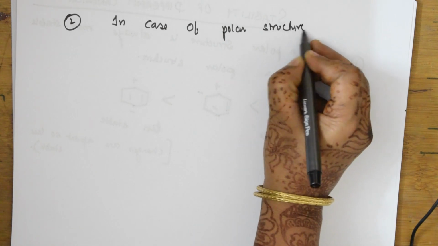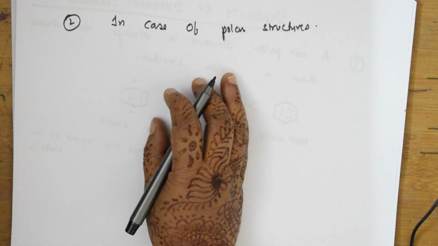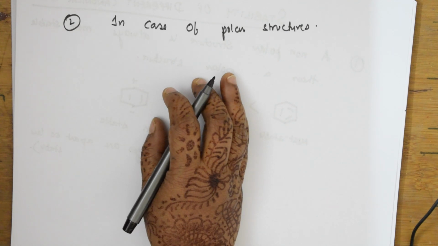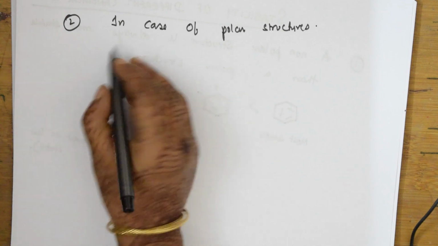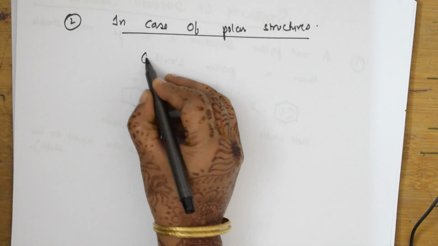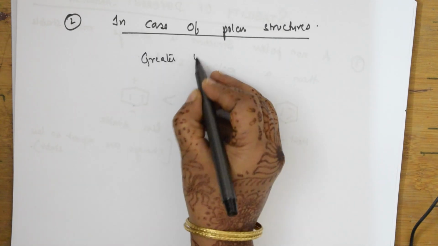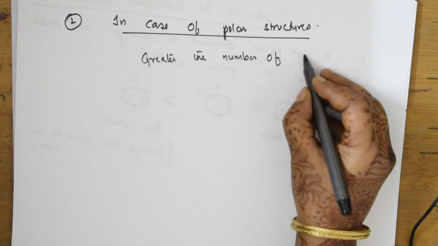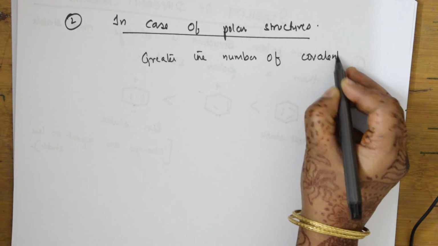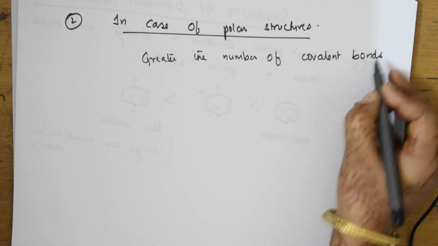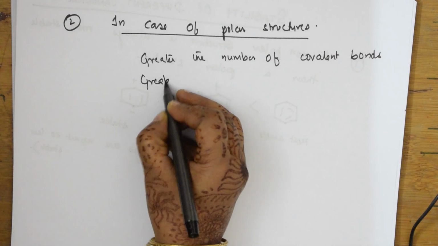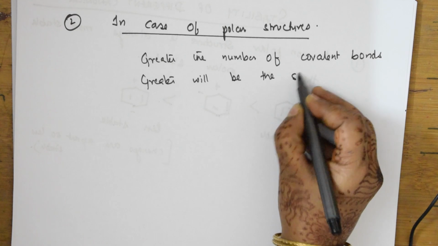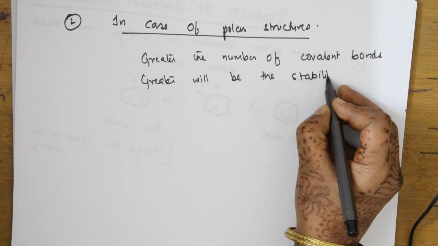So remember here, greater the number of covalent bonds, greater will be the stability. Right? Yes, students, clear? Yes.